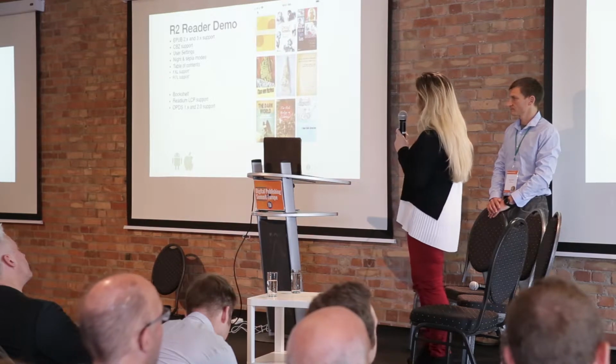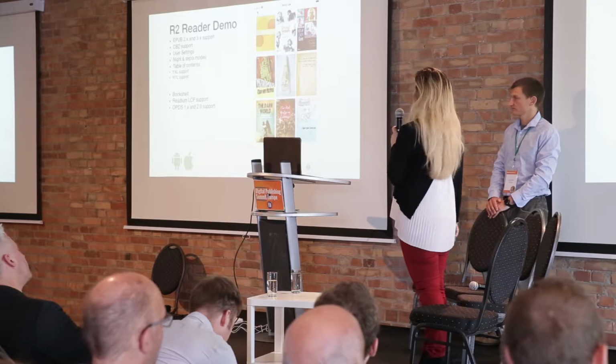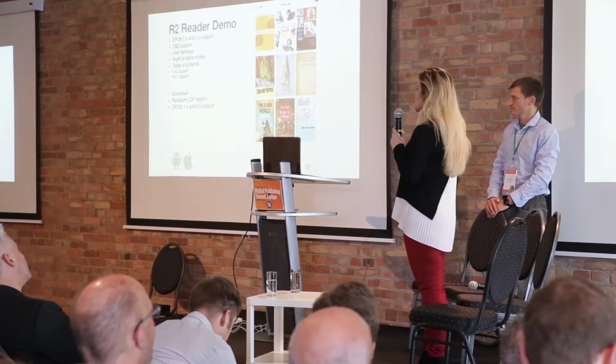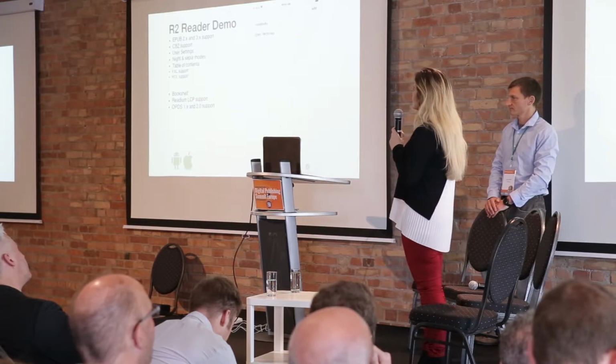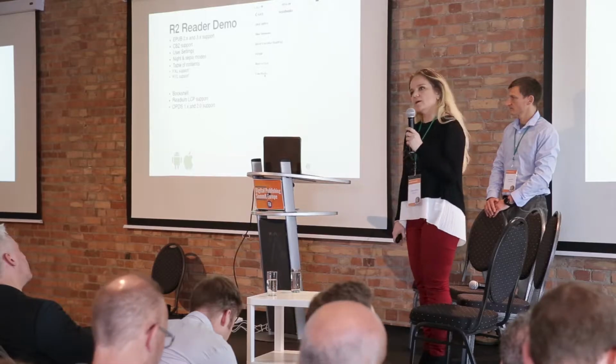Now, I go back here and we talked about the bookshelf screen. This is where the books will be shown, and again, it's a test app. It's very minimal. We show the covers, and we go into the OPDS feature. If you have an OPDS feed, you can add it here, browse through your OPDS catalog, find the publication, download it, and it will show in the bookshelf screen.